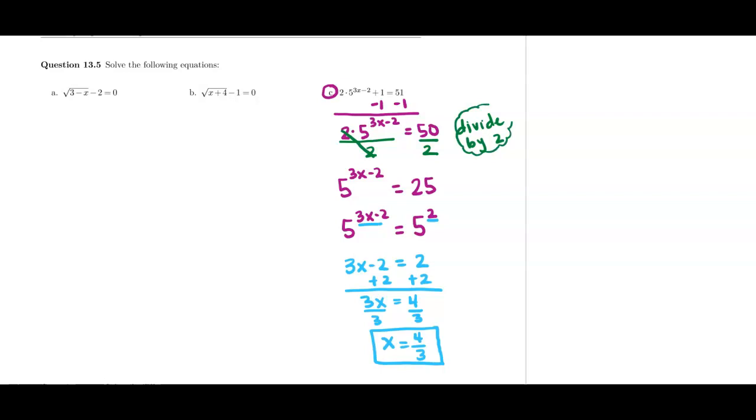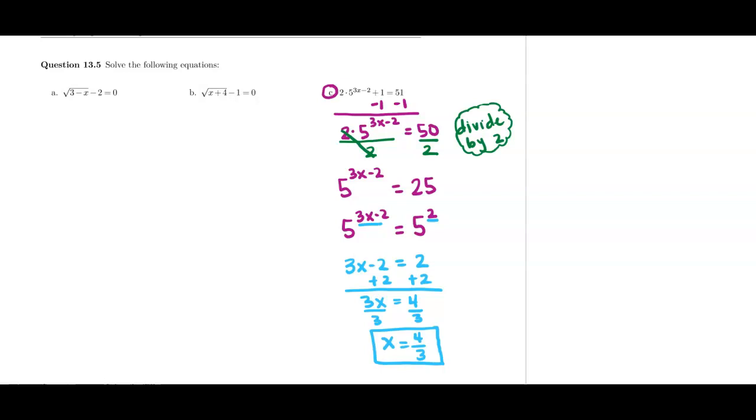So basically, when you did the 3x minus 2 equals 2, you just dropped the 5s? Say that one more time. So on the step where you said 3x minus 2 equals 2, did you just drop the 5s?